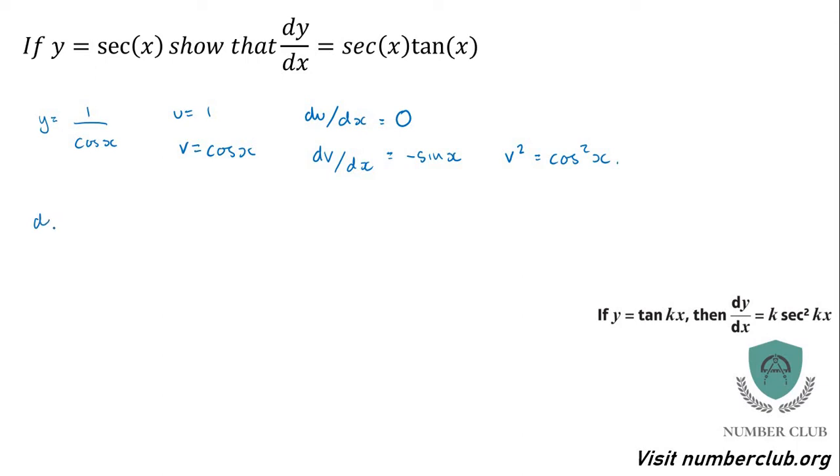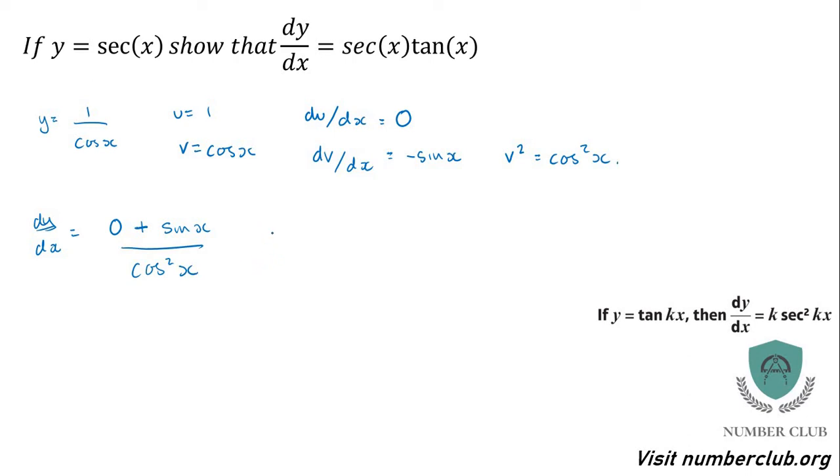So dy by dx is going to equal v du, which is going to be cos of x multiplied by 0, which is 0, minus u dv, which is one lot of negative sine of x, so you get plus sine of x there, all over cos squared x.